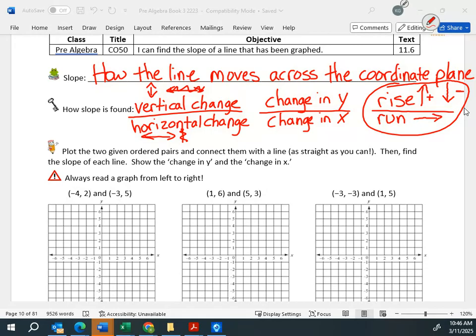So we're going to find the slope of the line. Today we're just doing finding the slope. The change in the y over the change in the x, that rise over the run. We're not throwing in finding an ordered pair. We will do that later in an upcoming objective. So today it's just finding that slope.